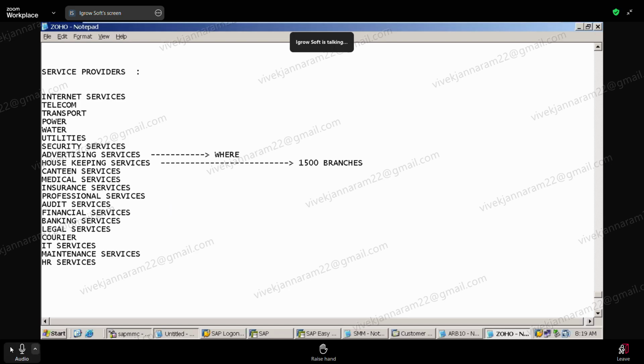Like that, each branch office has a different cleaning company. So for 1500 branches, maybe you will have 1500 vendors also. You understand the point? The vendor services will increase, so you end up with probably another 10,000 service providers here.